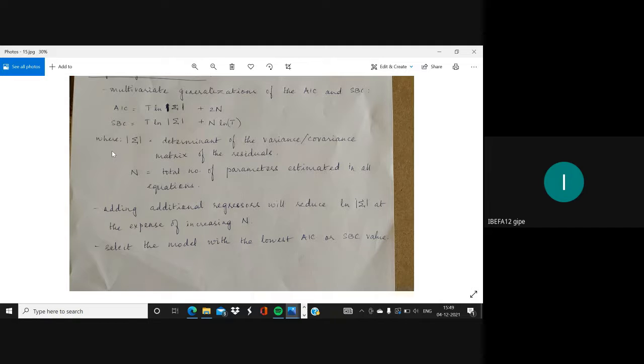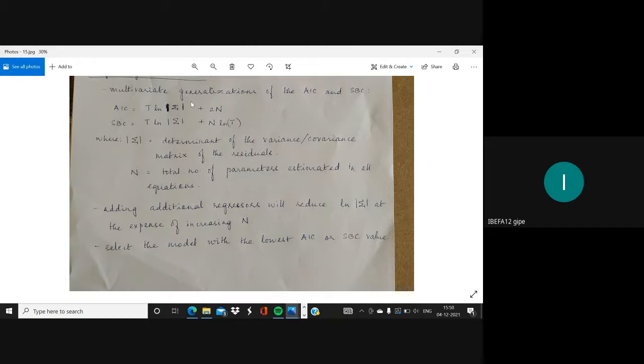So suppose you have quarterly data and you're trying to choose between 4 lags of all the variables or 8 lags of all the variables. You could estimate the model for both these specifications, one which has 4 lagged values of all the variables, the other has 8 lagged values. Then check what is the AIC value for these two models.